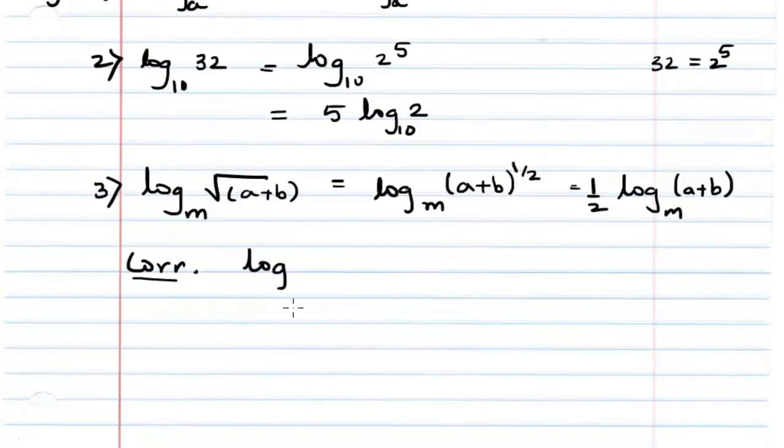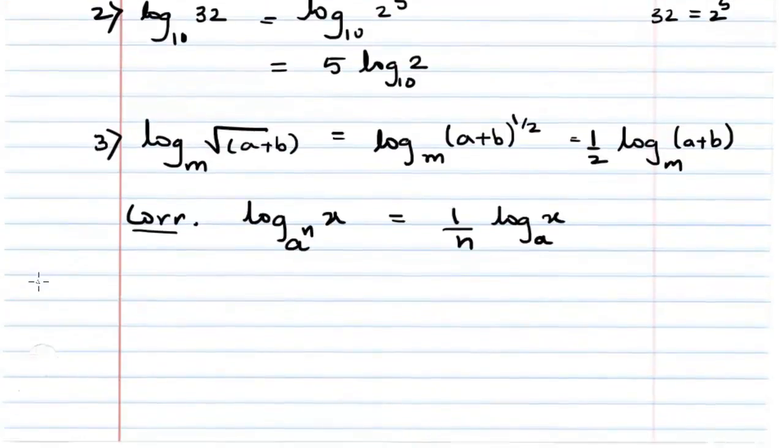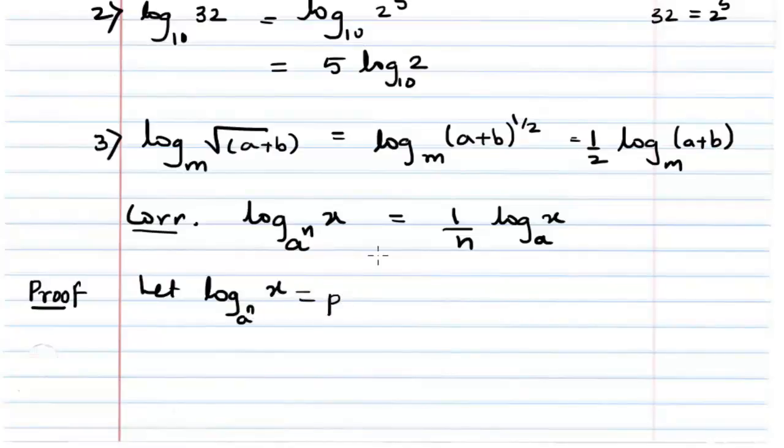Log of x to the base a to the power n is equal to 1 upon n log of x to the base a. So the proof of this corollary is, let log of x to the base a to the power n be equal to p.